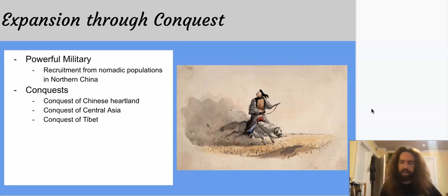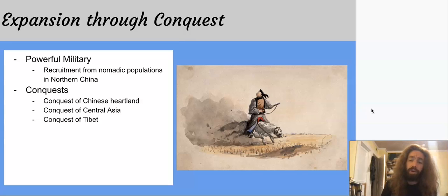So like the other land-based empires that we're looking at here, the Qing rely on a powerful and effective military in order to expand. So the Qing, like the Turks and like the Russians with the nomadic Cossack warriors serving the Tsar, the Qing rely quite strongly on nomadic style cavalry.